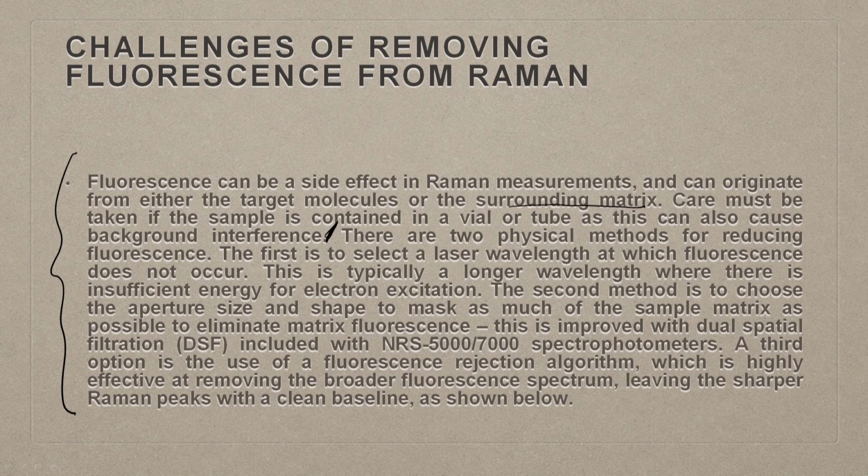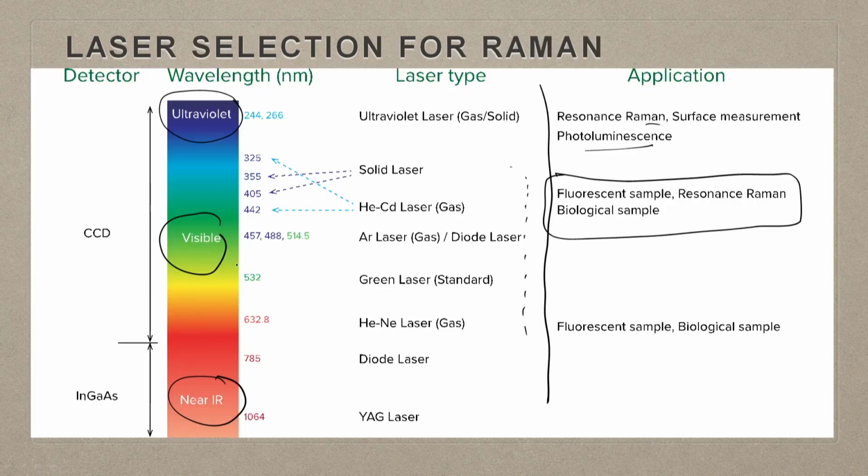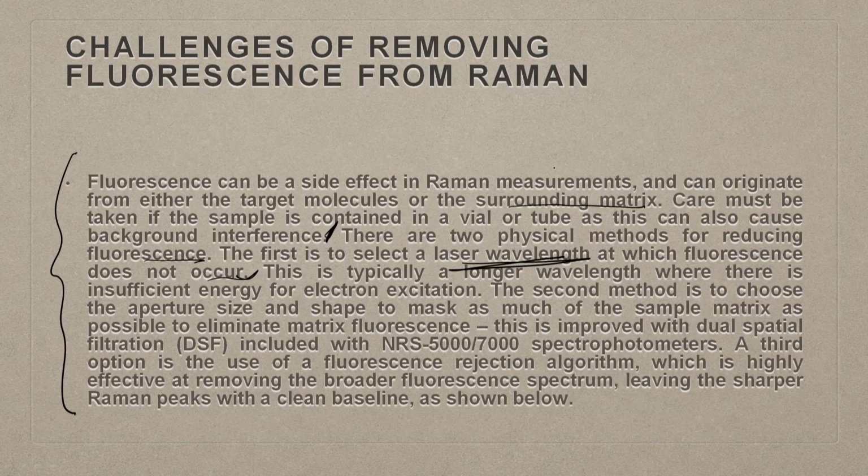There are two physical methods of reducing fluorescence. The first is to select a laser wavelength at which fluorescence does not occur. So that's why this part is very important, that you understand which of these lasers won't cause any form of fluorescence, because you have to really get rid of this fluorescent part, right.